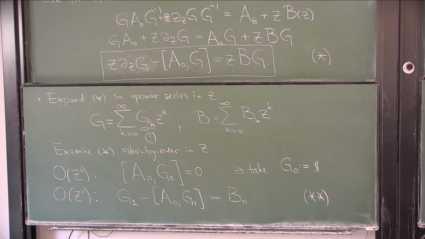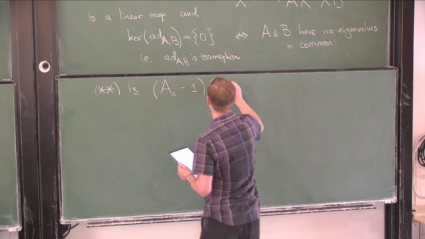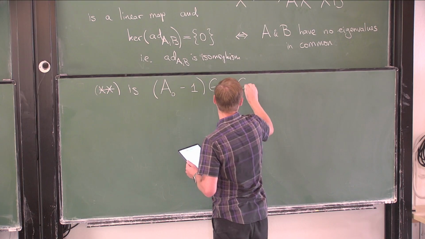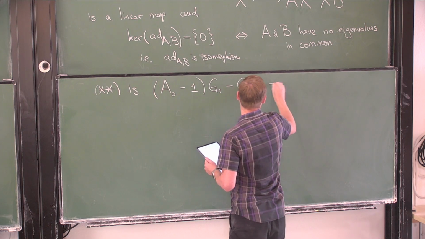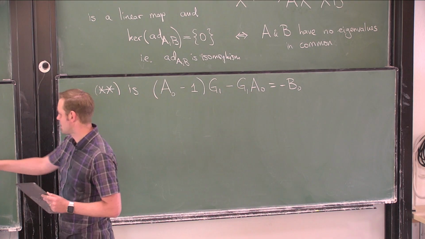My minuses are really screwing things up. I need to multiply everything by minus to find the row, so I have this. I think that's the same equation.